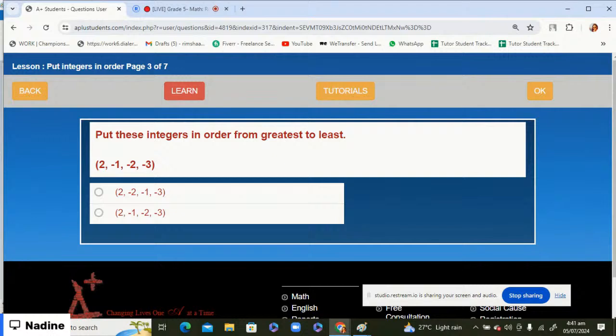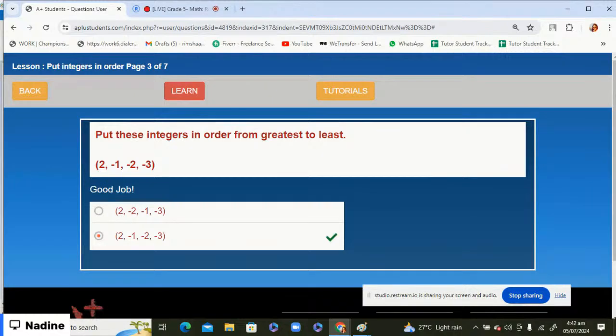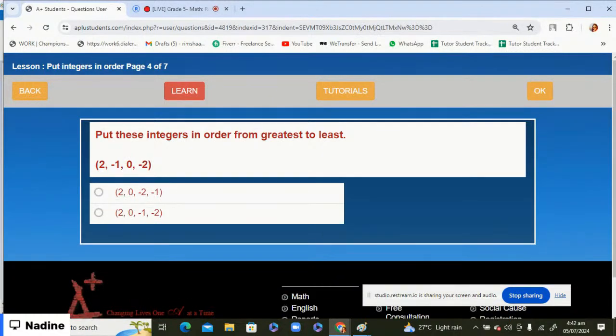They are saying greatest to least. So the greatest is 2. Then it's -1, -2, and -3. My option is option B. I'll go with that option. And this is right.